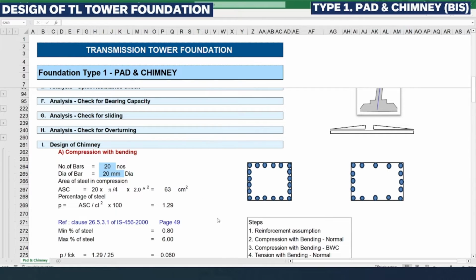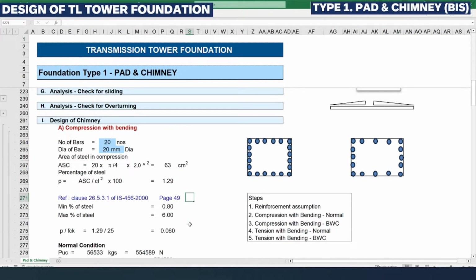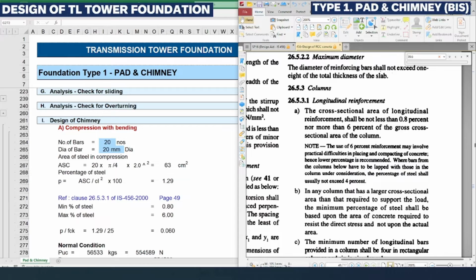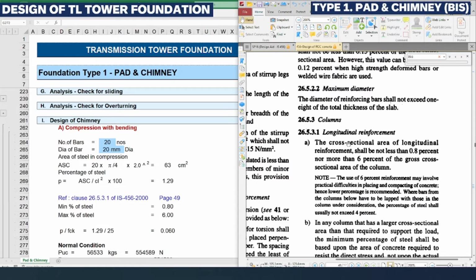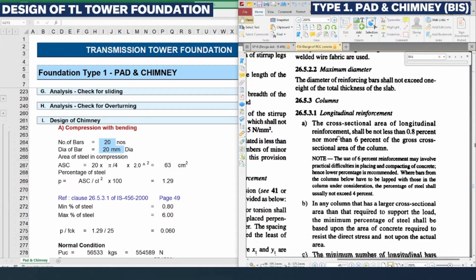Then we need to check the reinforcement we considered, the percentage of reinforcement 1.29, against the standard requirement. For that we need to refer to clause 26.5.3.1 of IS 456-2000, page number 49. Here on the right hand side you can see a PDF file which is opened.